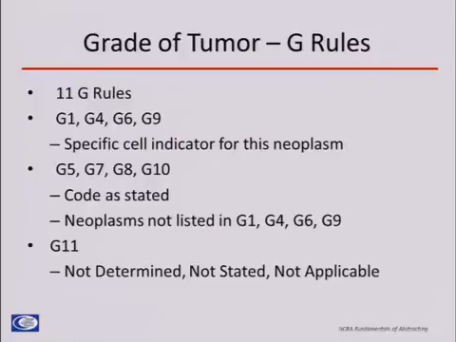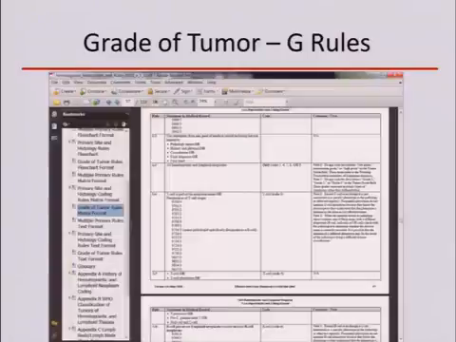The grade of tumor are the G rules, and I just refer you to those because you will never know them by heart. These are lists of tables. This is in a matrix, but it's also in the text, where they just have a list of codes. Those are all coded to T cell. There's a whole long list that's coded to B cell. There's another list that's coded to NK cell.